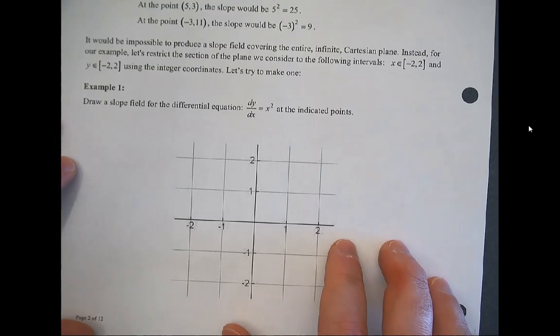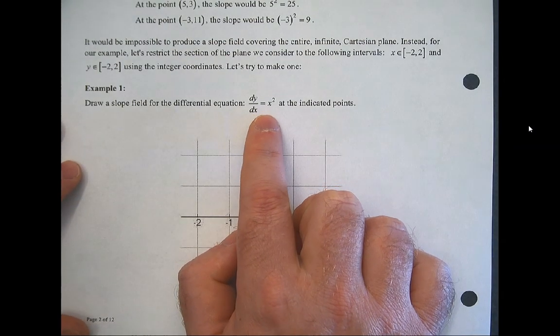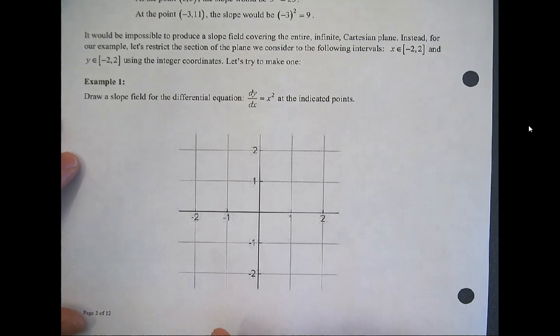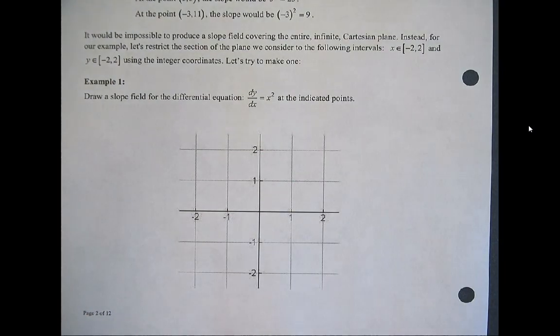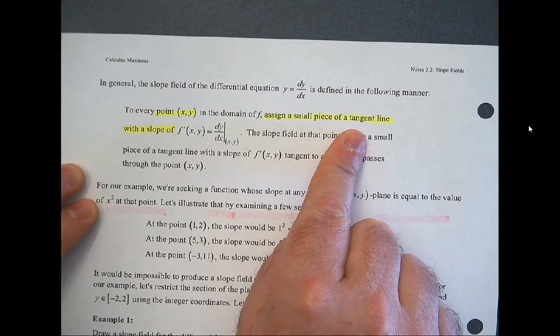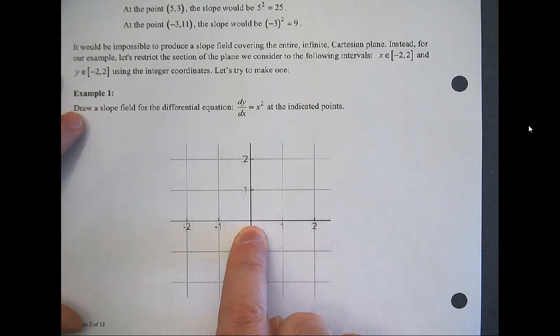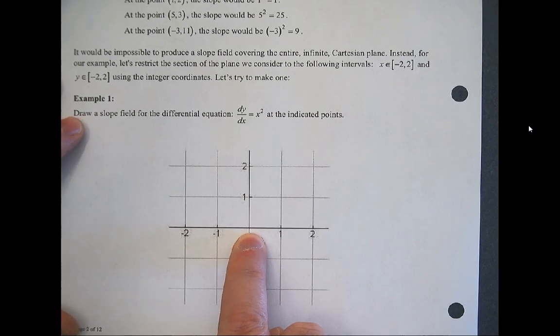So here's our dy/dx. Now we could do this algebraically, and we will in a minute to see what the curve looks like. But let's try to sketch the slope field first. What I want to do is assign a small tangent line with the slope at a certain x and y value. So for instance, what is this x and y value? This is the point (0, 0).